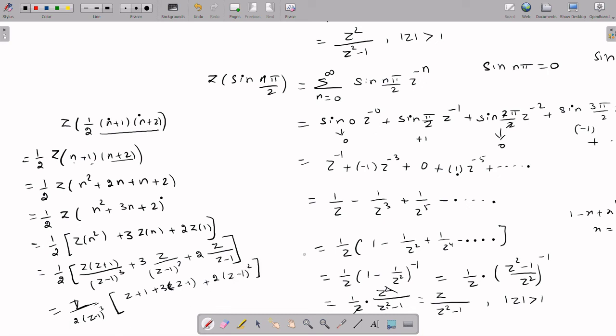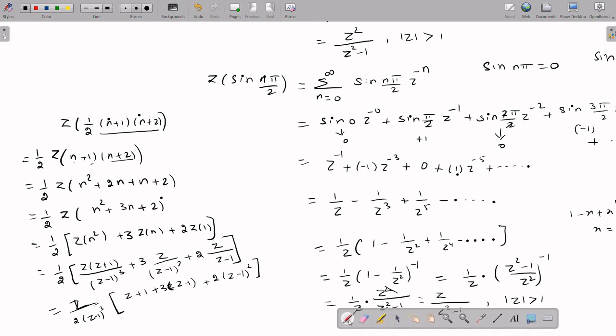And you have to simplify this. When you simplify this, I'll write it here, which is equal to z by 2 into z minus 1 the whole cube into, you have to apply the formula, z plus 1 plus 3z minus 3 plus, you have to expand this term, 2 into z squared minus 2z plus 1.